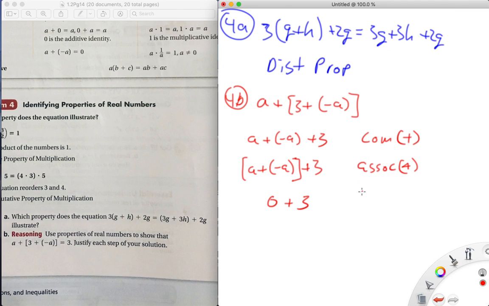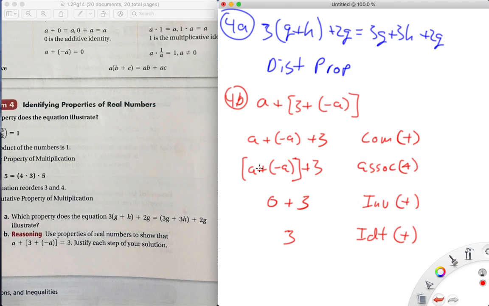I got there because of the additive inverse, which says that if I add the inverses, A and negative A, with each other, I'm going to get 0. And then 0 plus 3 is 3. I got that because of additive identity, which says any number plus 0 is itself.